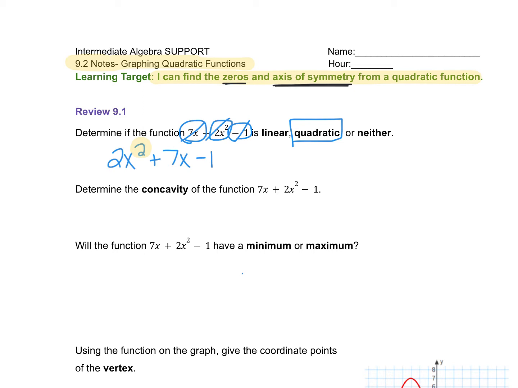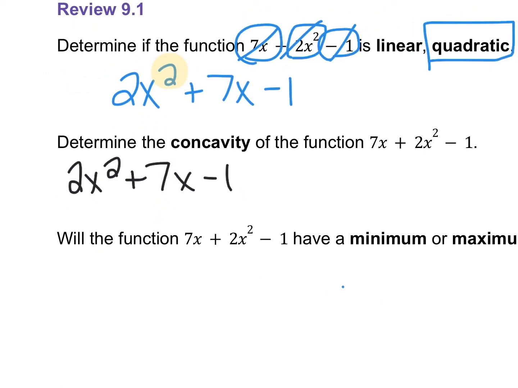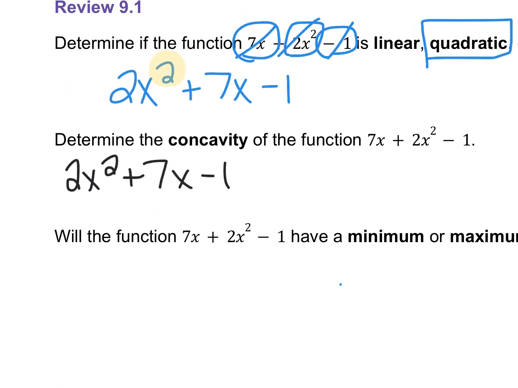Then we're going to determine the concavity of, oh look, it's the exact same function. So that tells me I should just automatically rewrite it now that I have it in standard form. The concavity is when we were talking about concave up versus concave down.